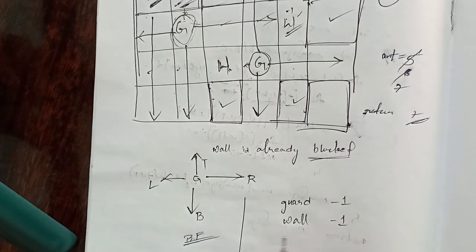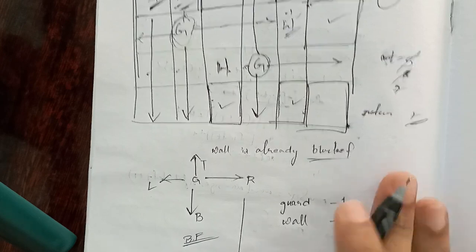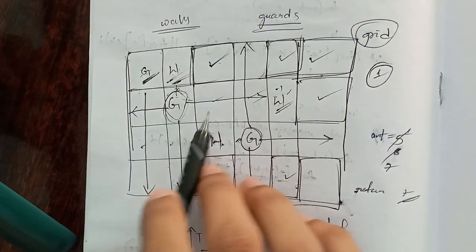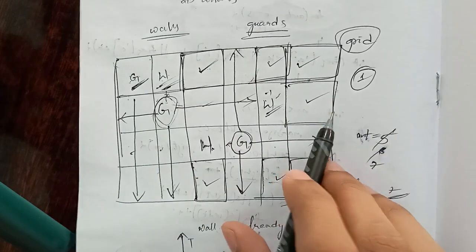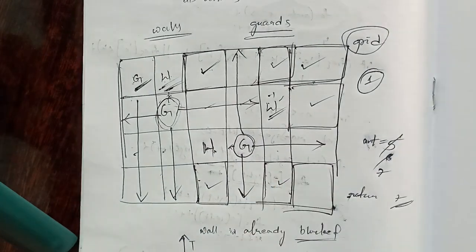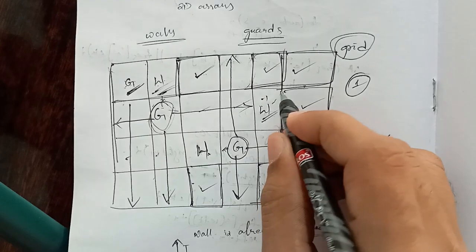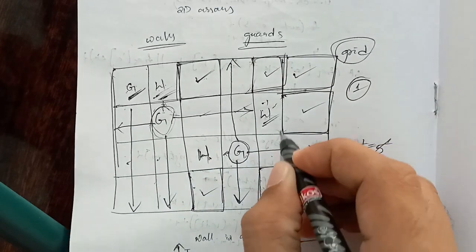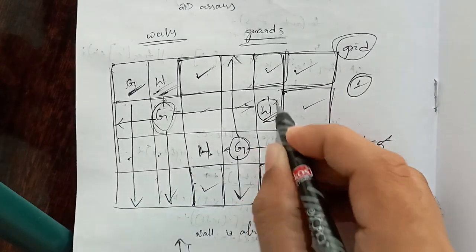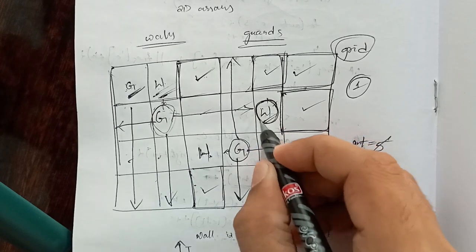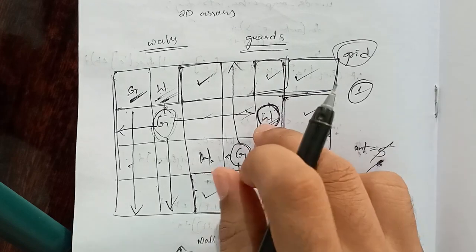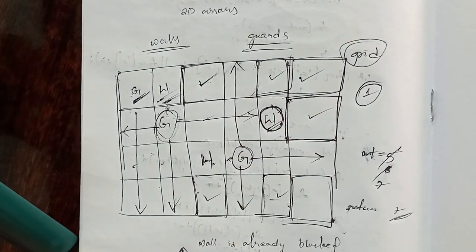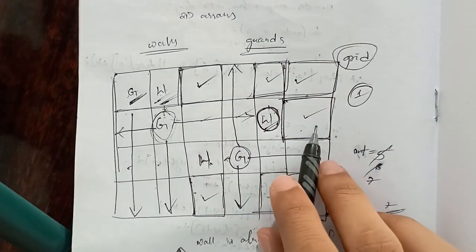The first naive approach that came to my mind is, if there is a guard, we go to the end. But why is there any need to go to this cell, as there is a wall obstructing in between? So there is no need to go to this cell.